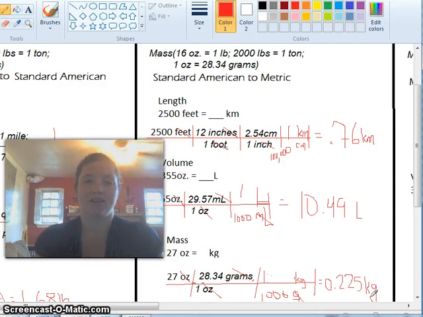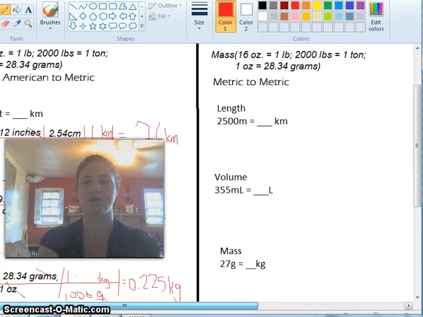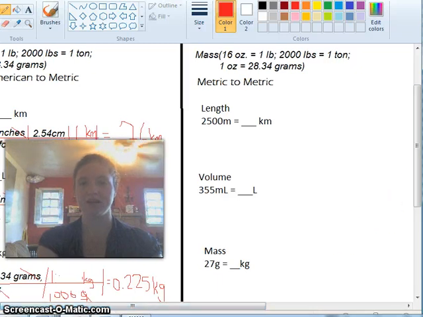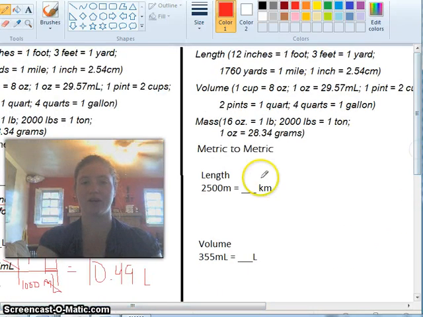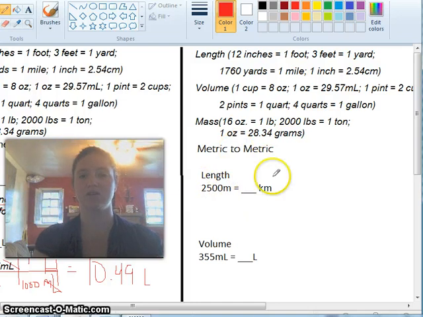That's not the case once we go over here to metric. So with metric, there's this wonderful thing you're able to do. So we're going to start out and we're going to look at length. So metric to metric. So we're going to go from 2,500 meters to kilometers. So I'm going to start with my 2,500.